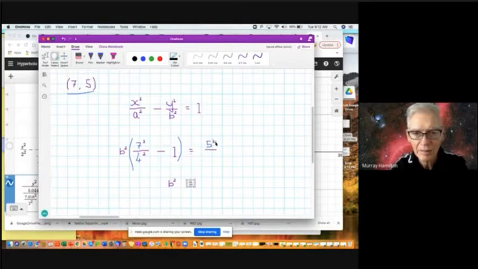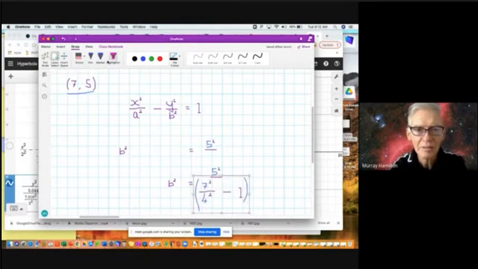We know it's 5 squared divided by something. That, and put it below. And what is it divided by? It's divided by all of this. So I copy that, put it below, and I will just increase my fraction sign like that. There we go. So that's what b squared is.